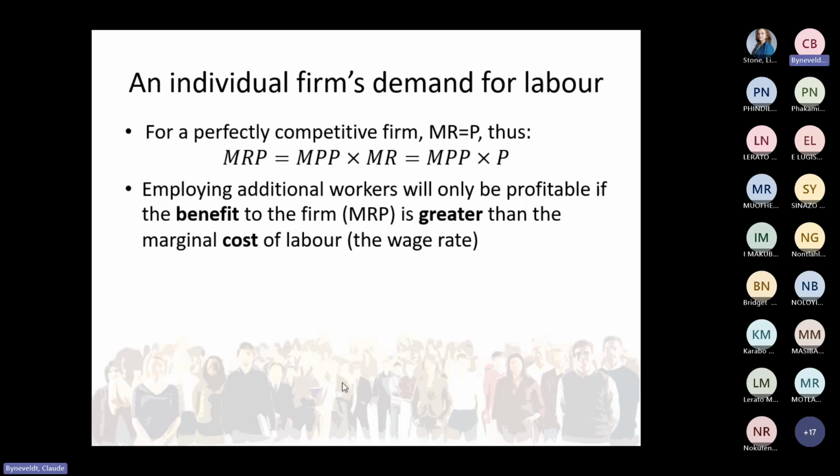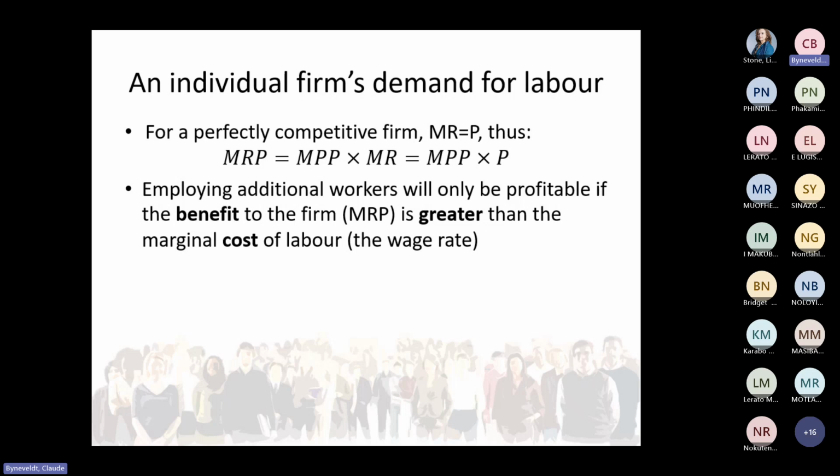So employing additional workers will only be profitable if the benefit to the firm, the marginal revenue product, is greater than the marginal cost of labor, which is the wage rate. The MRP must always be bigger than the MCL. Then you can employ additional units of labor. Then it's profitable, more cost effective, and efficient.